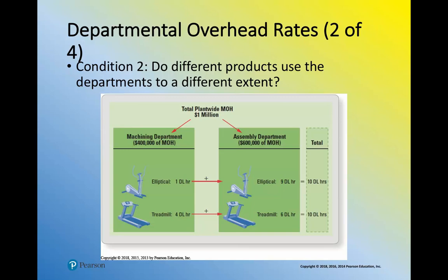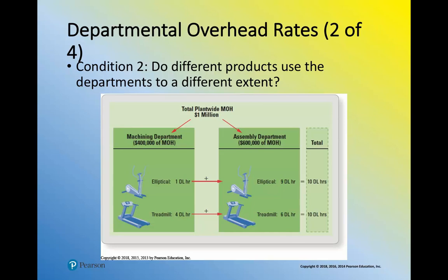If we have a product or a service that's going to use all the departments equally, then it doesn't really matter. We don't have to break it down further. That's highly unlikely. For the most part, every single customer, single job, as we're making a product, they're going to have different resource requirements.